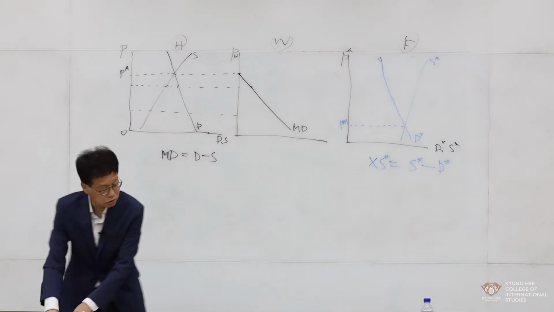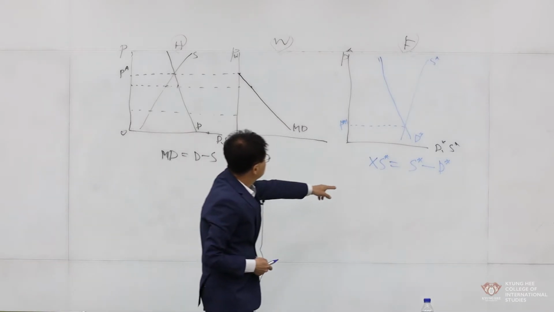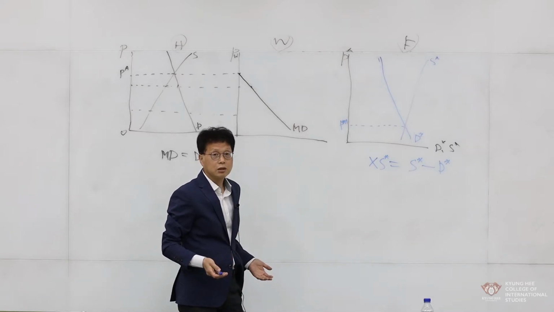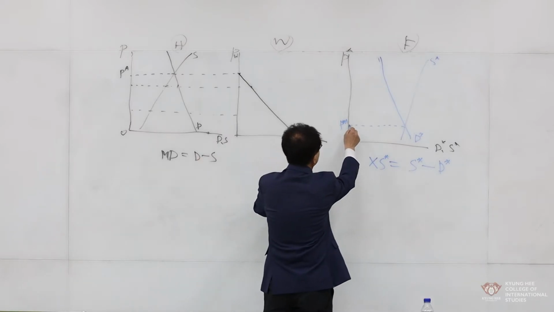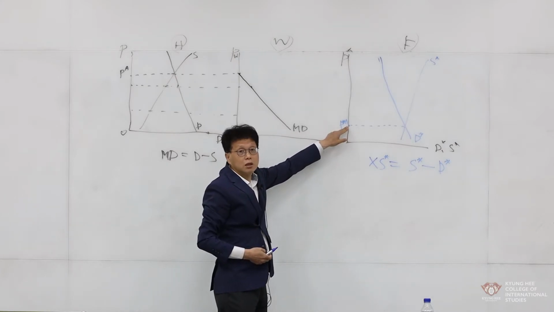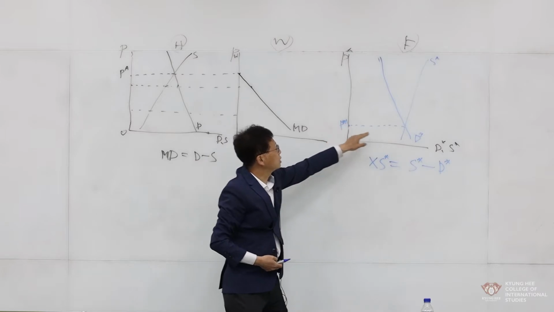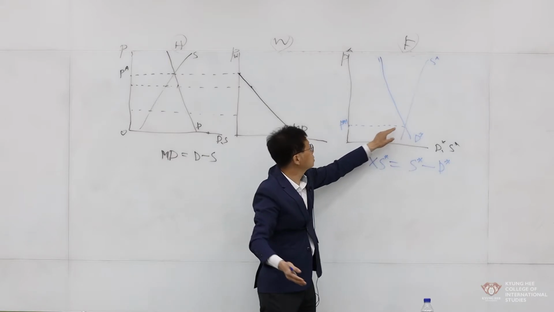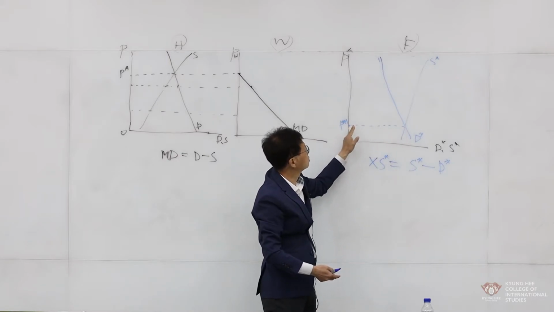And also we can illustrate export supply by Australia, right? If the world price is P A, the same as the autarky price in Australia, then there is no reason to export from the perspective of Australian farmers. So export supply should be equal to 0.